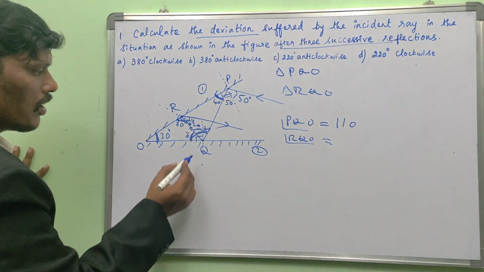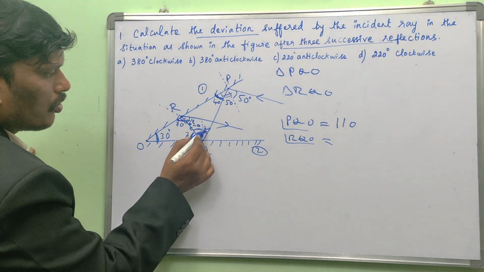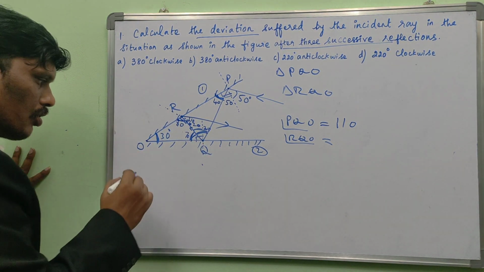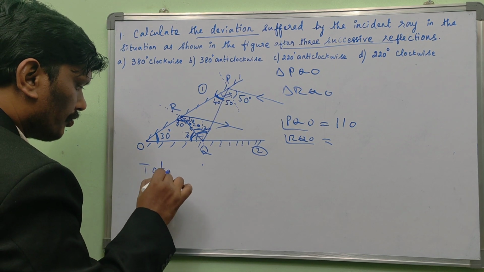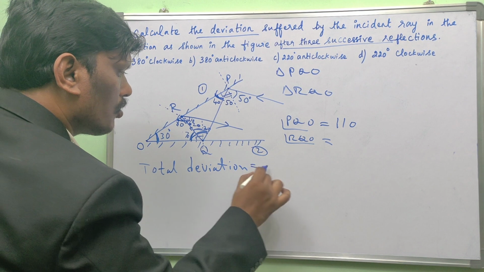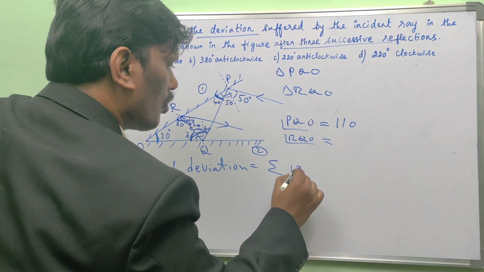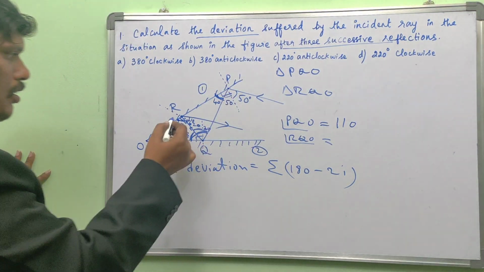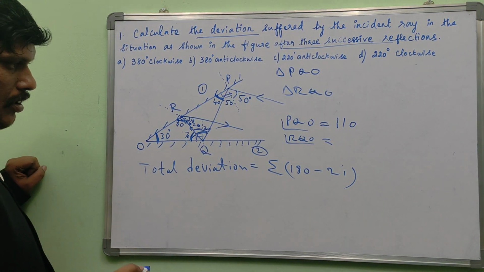Now what is the angle of incidence at point P? 50 degrees. At point Q? 20 degrees. At point R? 10 degrees. So total deviation is equal to the summation of 180 minus 2i at each and every point of reflection.